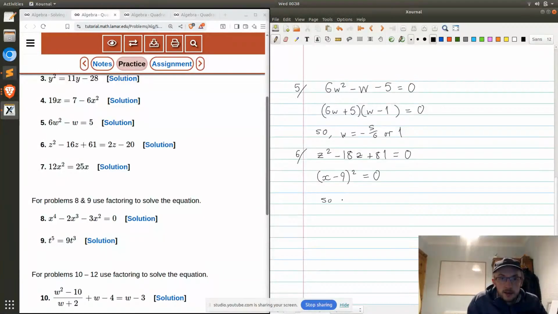So x. Oh my goodness me, did you notice that? You get so used to the variable x that no one else can take its place. So z is equal to 9.